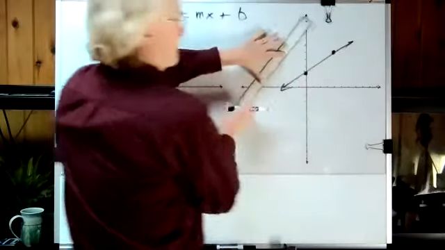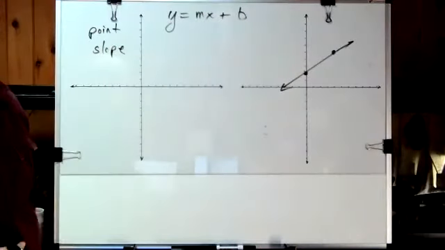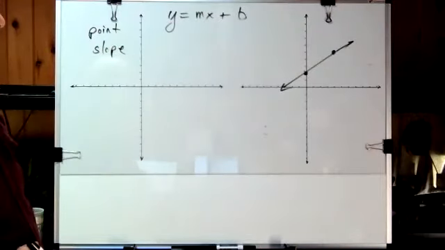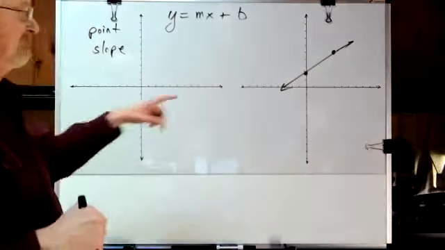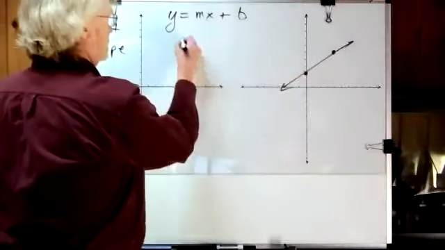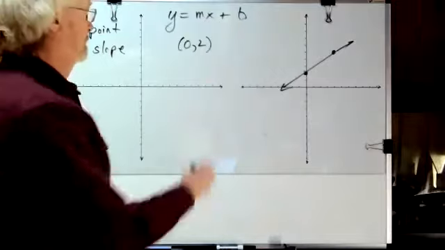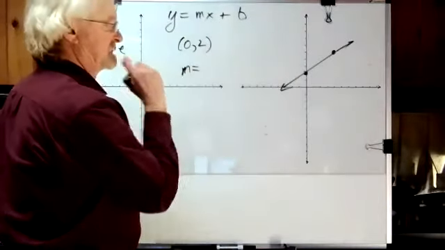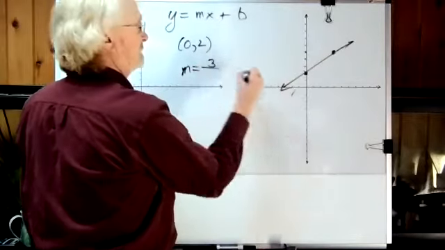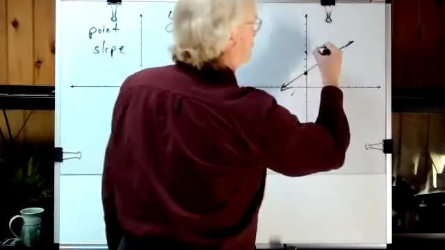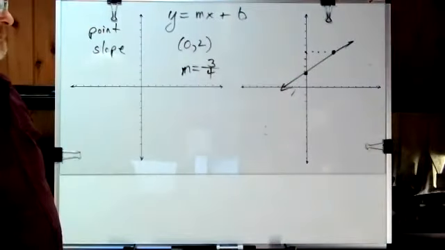I'm looking at the graph, write the equation of that line. I still need a point and a slope. Well, I'm reading the graph, and it's a nice enough graph. Maybe I can find the y-intercept, and I can count squares to find the slope. From here, I went 1, 2, 3 up, and then I went over 1, 2, 3, 4. So there was my slope, 3/4.